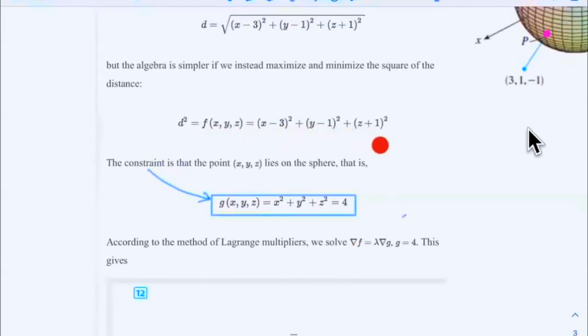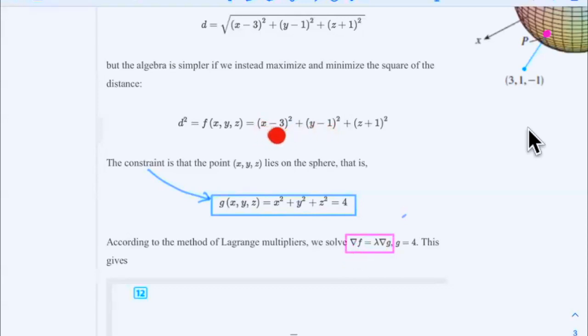Remember, we can break this down into actually 3 equations. So we have the partial derivative of f with respect to x equal to lambda times the partial derivative of g with respect to x, etc., right? What's the partial derivative of f with respect to x?